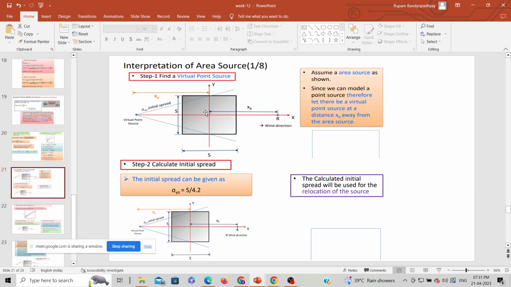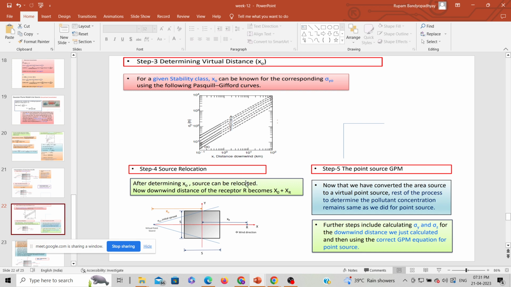Suppose you want to calculate the concentration at a distance xr from the center line. Then the total distance from this virtual point source will be x0 plus xr, and that is what is mentioned here.